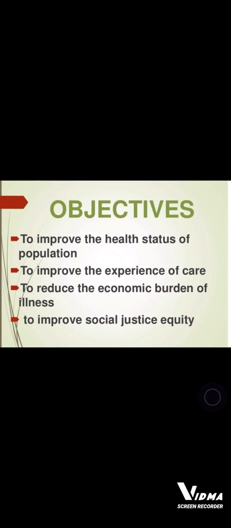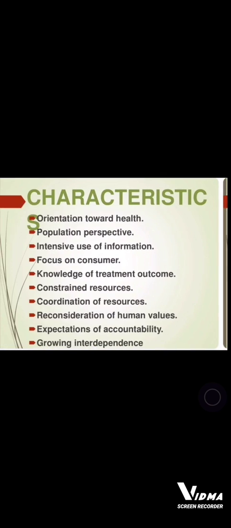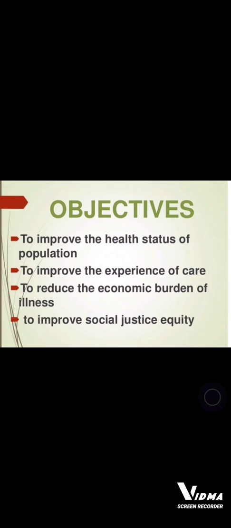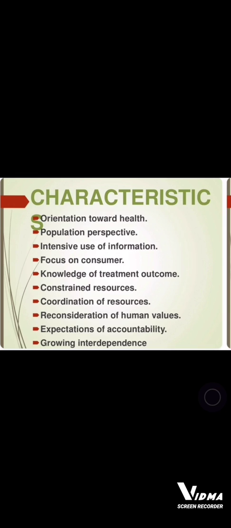And last but not least, the objective is to improve social justice and equity. So these four are the objectives: first, to improve the health status of the population; second, to improve the experience of care; third, to reduce the economic burden of illness; and fourth, to improve social justice and equity. After this we will see the characteristics of the healthcare delivery system in India.